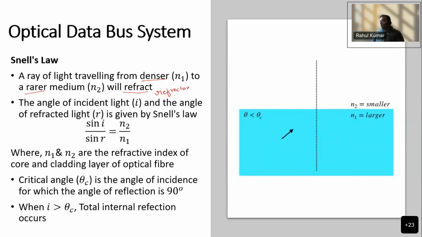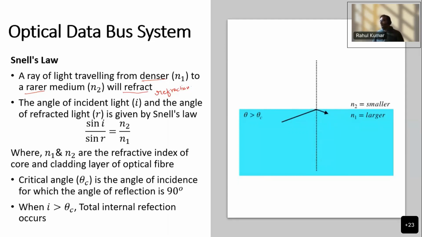Right, now the bending or refracting angle R depends on the refractive index of the two media, that is N1 and N2, and the angle of incidence.